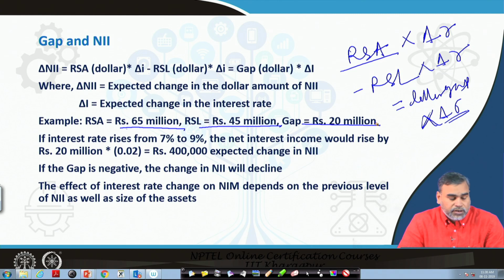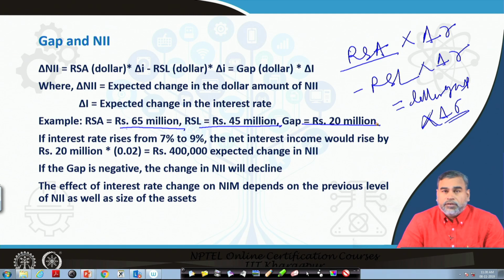But the effect of interest rate change on NIM, the net interest margin, depends upon the previous level of net interest income as well as the size of the assets. Because of that, instead of comparing it with net interest margin, we are comparing it with the absolute value of the net interest income.